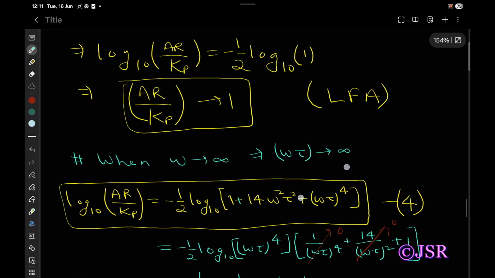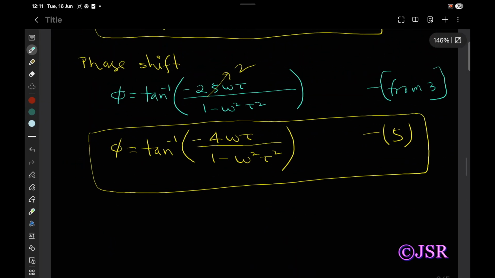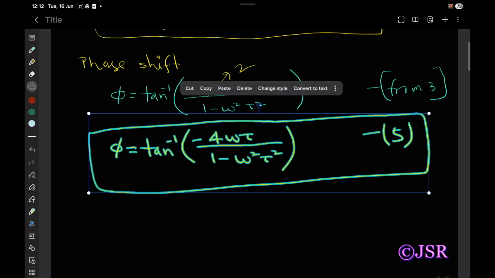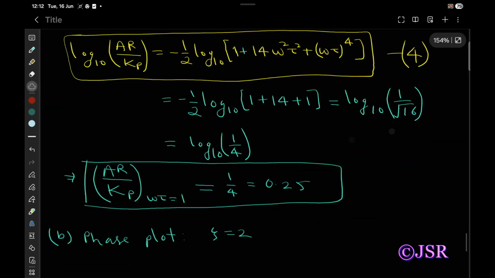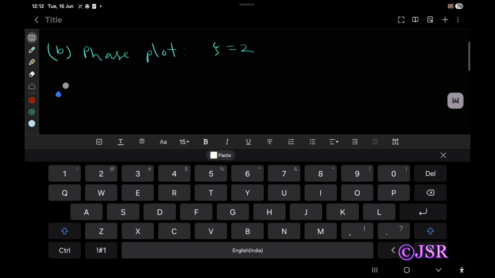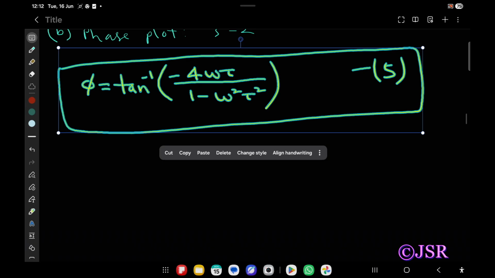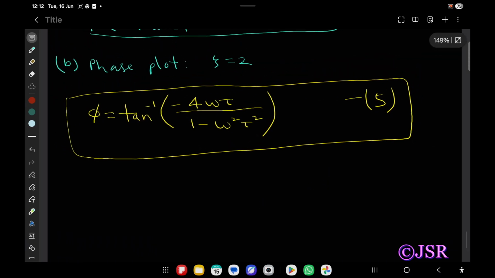So again using the equation number 5, for phase plot we will use equation number 5.